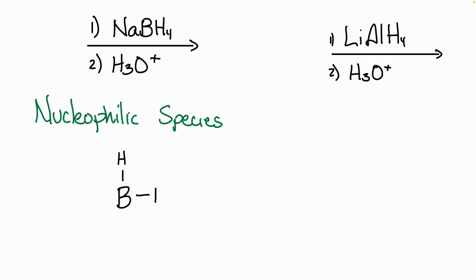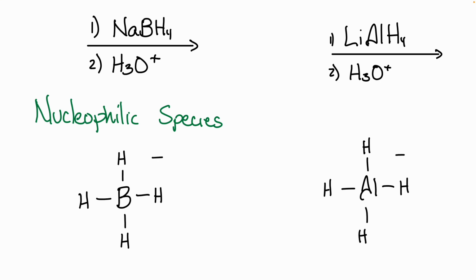So whether it's boron with its 4 hydrogens, or aluminum with its 4 hydrogens, all right, these are your nucleophilic species in these reactions.